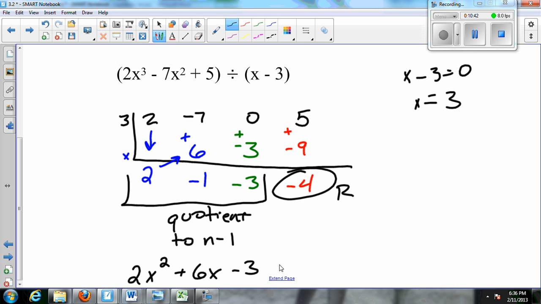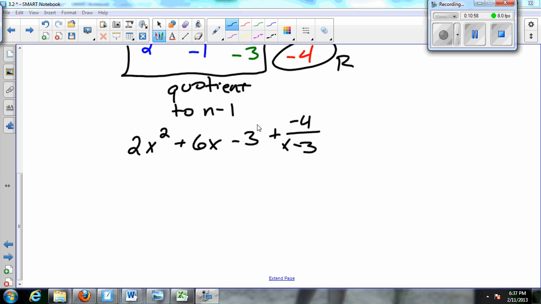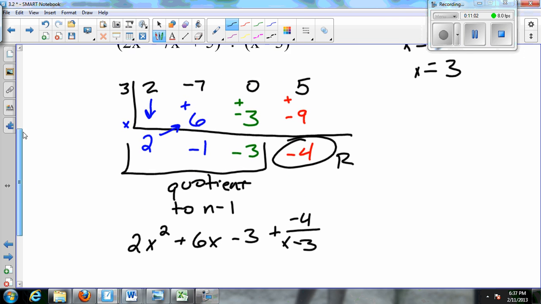And plus a negative 4 over what we divided by, x minus 3. You could also write this using the division algorithm.